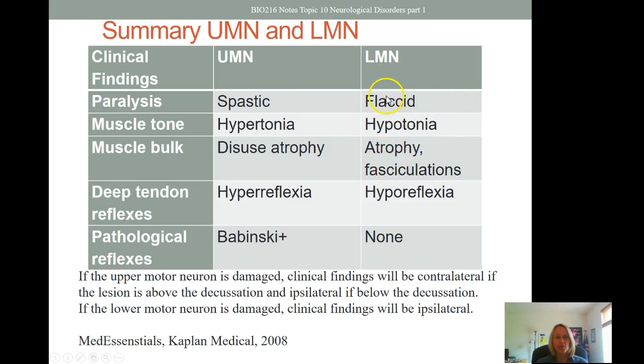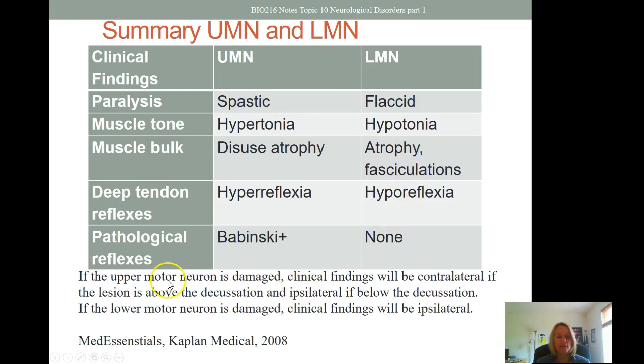And with a lower motor neuron lesion, we would get atrophy and fasciculations. Deep tendon reflexes, we'd have a hyperreflexia response with the upper motor neuron lesion, and a hyporeflexia with a lower motor neuron lesion. And we can also have pathological reflexes, such as the Babinski reflex with the upper motor neuron lesion, which we would not see with the lower motor neuron lesion.